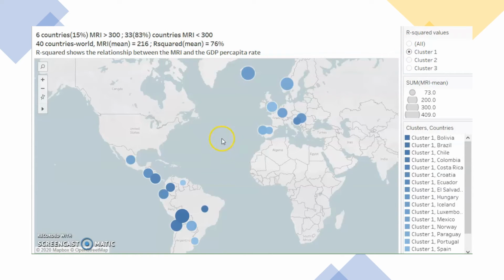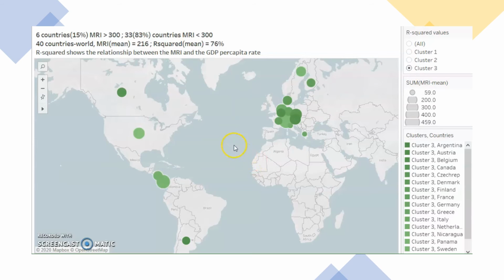Okay, there are several countries, and the mean R square is 76%. And the MRI mean is 216. Important thing is that there are several countries in Latin America and also in Europe around the mean, the average, 76%. And let's see now the highest values of R square.